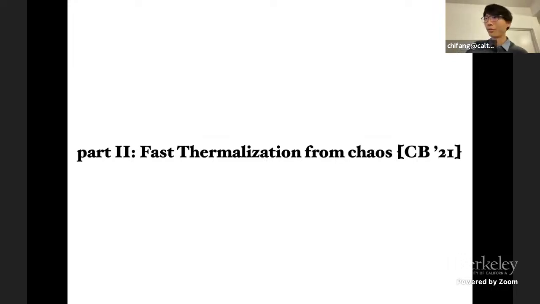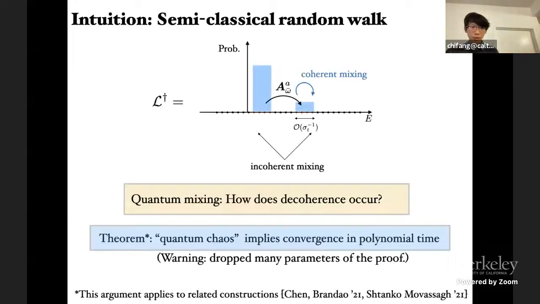In the following I will be very high level, even though there's a proof. I basically didn't write down any quantitative statements. I just want to highlight the idea. Intuitively, whenever you write down this finite-time Markov chain with energy uncertainty, you should think of it as a semi-classical random walk. So you try to import as much of the classical intuition you have.